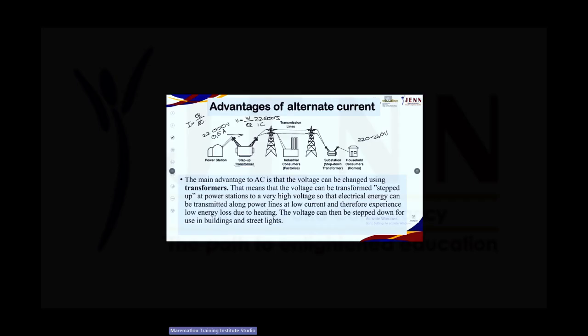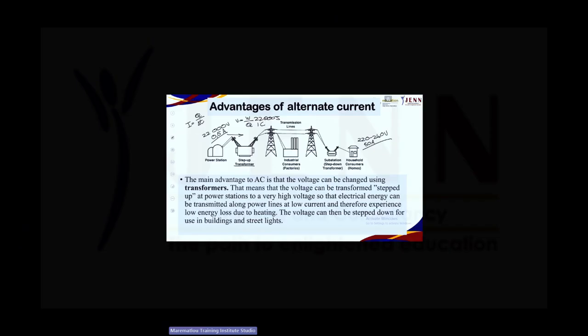And then they increase the ampere to about 50 ampere. So can you see, from where we start to where we end, they step down the voltage or they step up the voltage, same as with the current as well. They step it up or they step it down.